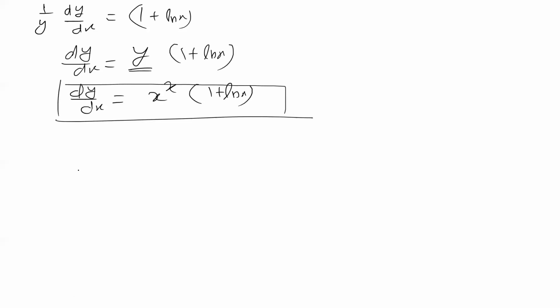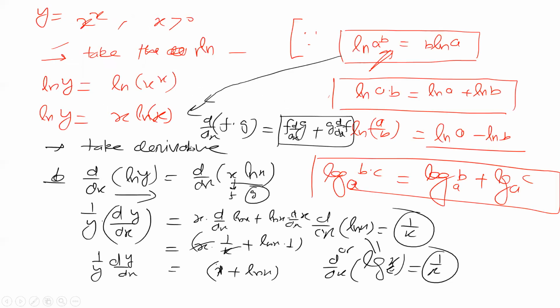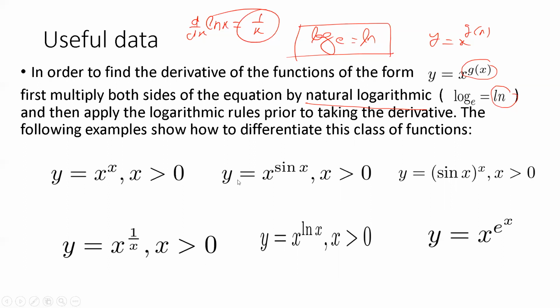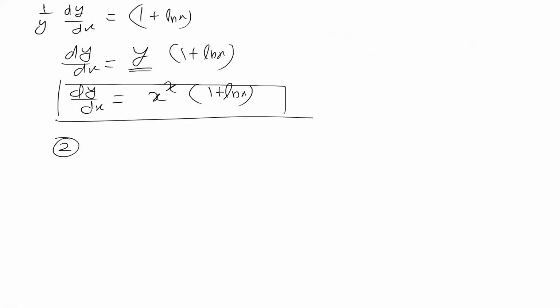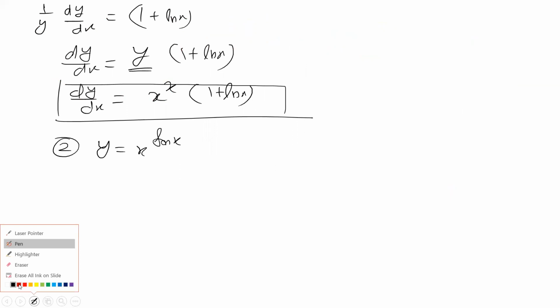Okay, so let us solve the second question. What is the second question? y equals x^(sin x). Here, what is the first step? We have to take the natural log and then take the derivative.